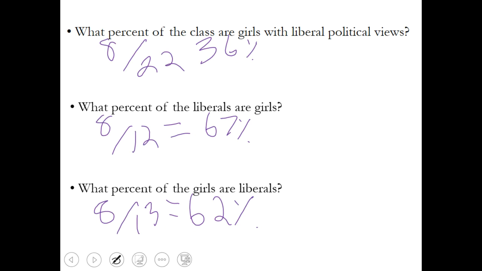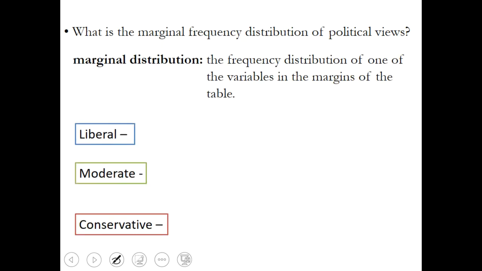So we can figure out these relative frequencies. These are conditional probabilities. Conditioned on, we're only talking about liberals, what percent are girls? Conditioned on, we're only talking about the girls, how many of them are liberals? Now, this is where we start to get a marginal distribution from political views. Marginal distribution is a frequency distribution of one of the variables in the margins of the table.